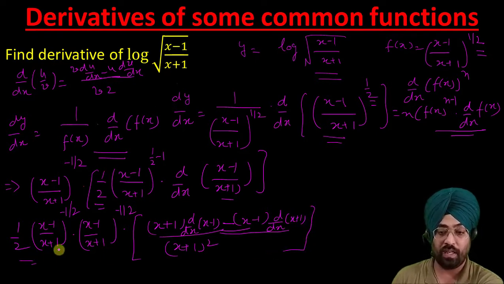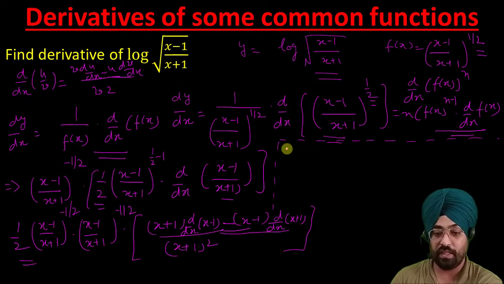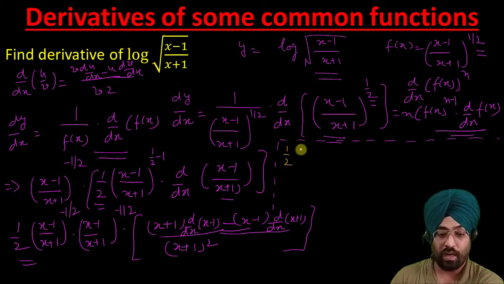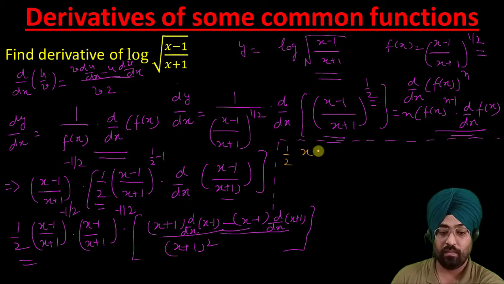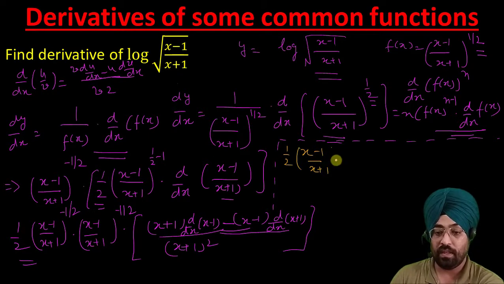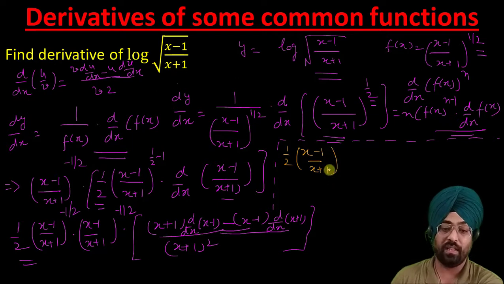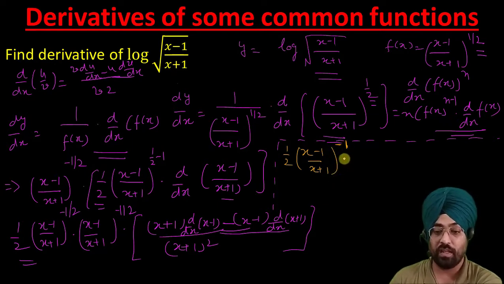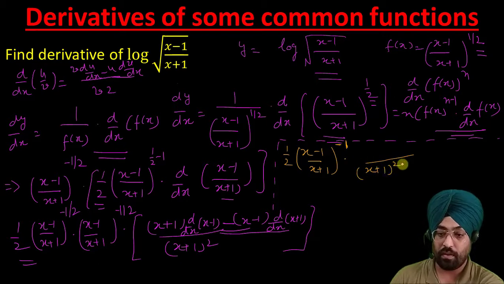So we don't have much space, so I will write here. Half times (x minus 1 divided by x plus 1) raised to the power minus half, times minus 1 raised to the power minus 1, into (x plus 1) whole square.